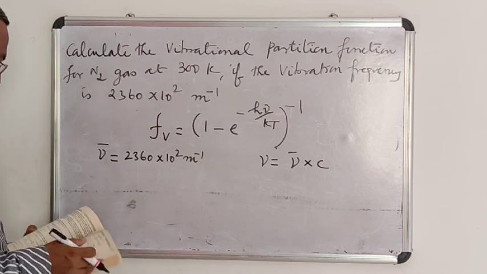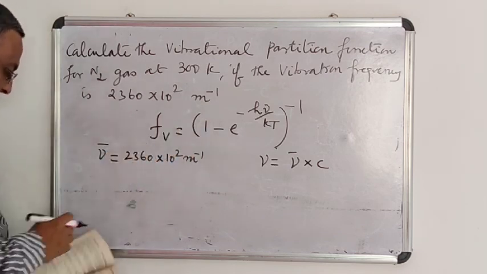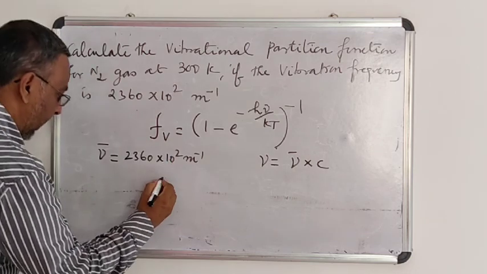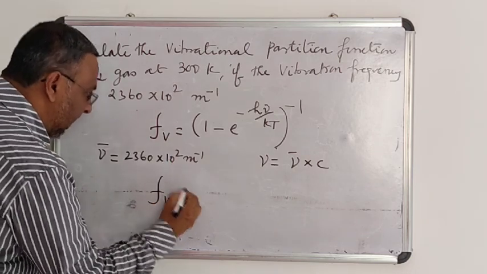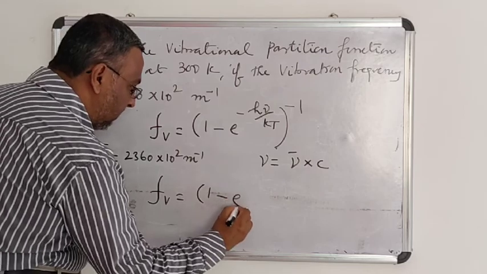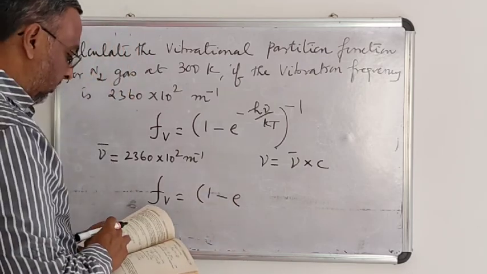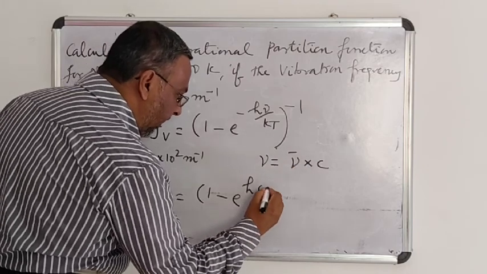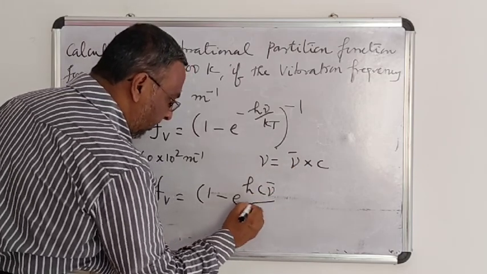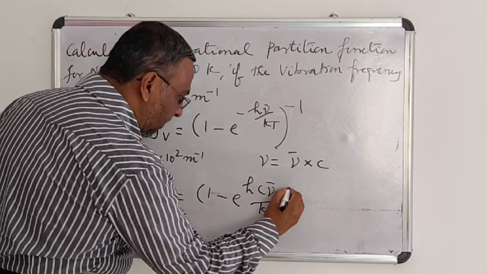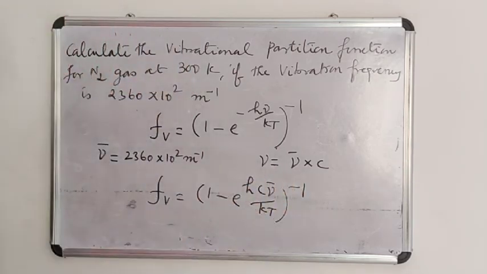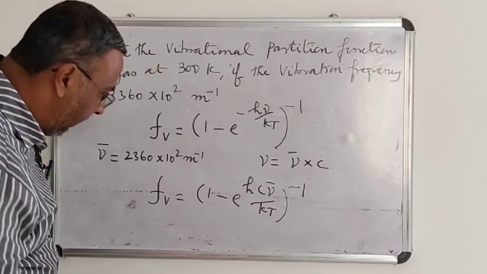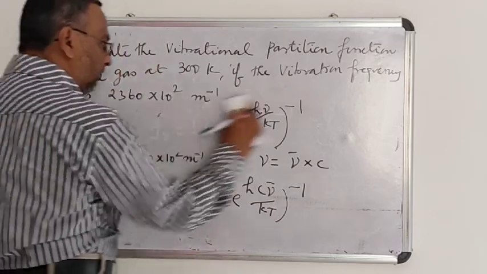Hence, I am substituting into this equation: 1 minus e power minus h c nu bar divided by kT, whole power minus 1. I use this formula to convert wave number into frequency. Then I substitute the values.